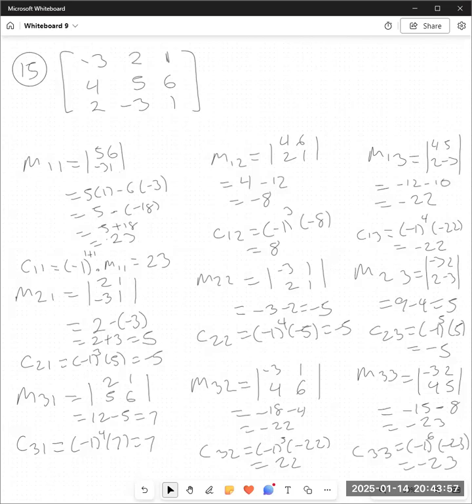We're going to finish the problem, and it asks us to, did it ask us to find the determinant of that matrix? I don't think it did. No. So we're good.